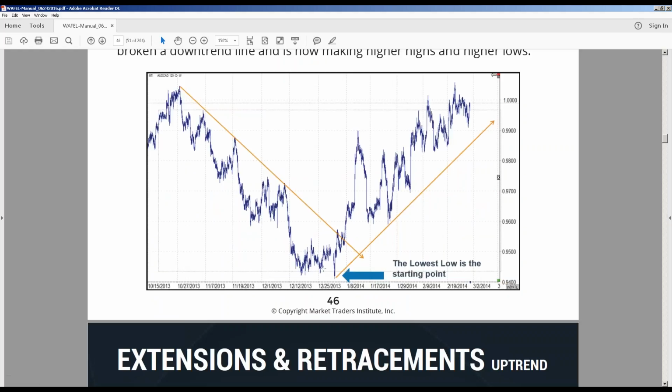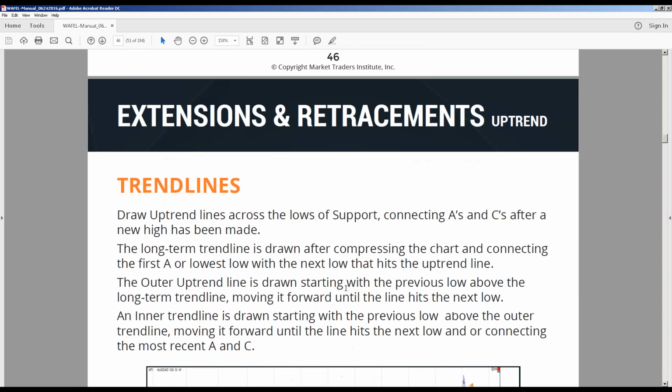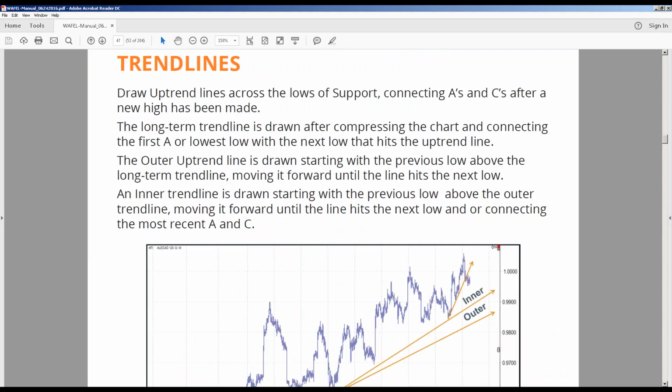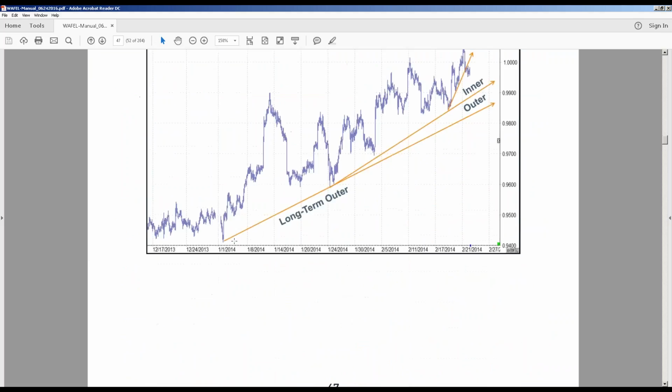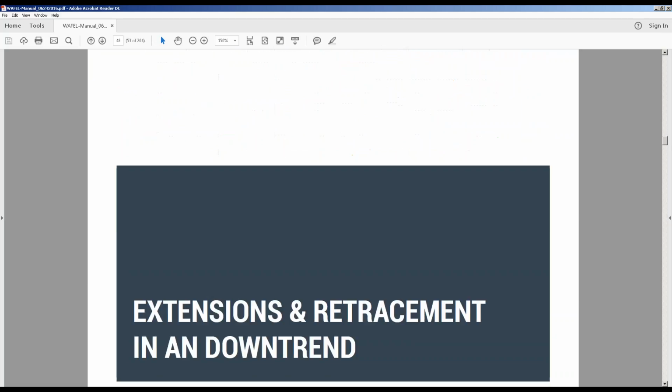Right, the lowest low is the starting point. This is what we refer to as the lowest significant turning point, the lowest low that the market made before it broke the downtrend line to the upside. Right, there we go. There's the long-term outer trend line, the outer and the inner trend line.